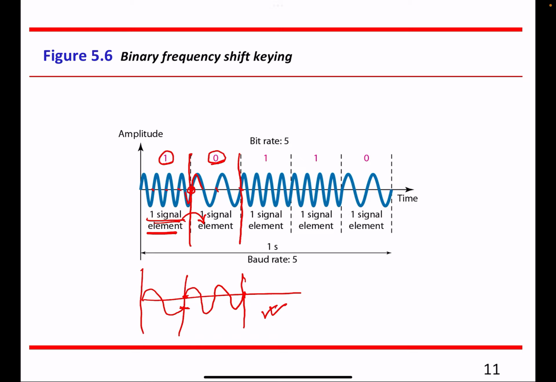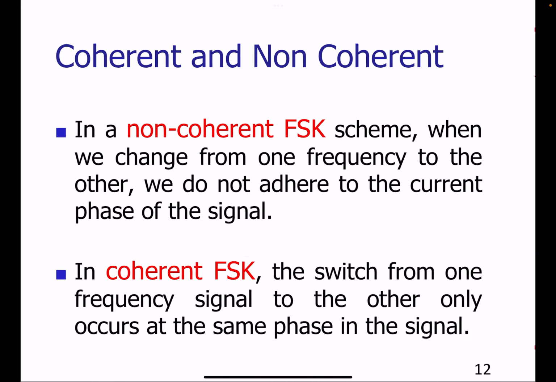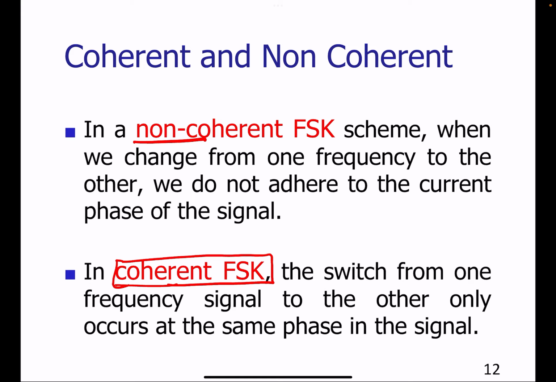So this kind of frequency shift keying is known as non-coherent frequency shift keying. Okay, so the basic idea is that if the phase has continuity, then it is coherent frequency shift keying, and if it has no continuity, then it is non-coherent frequency shift keying.